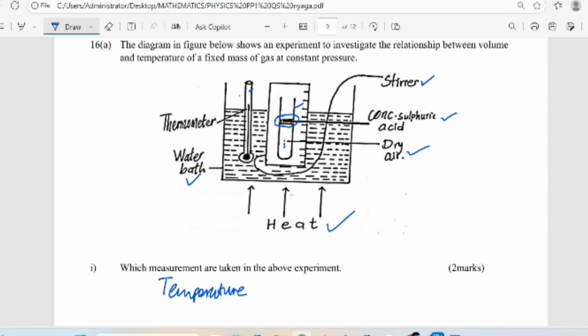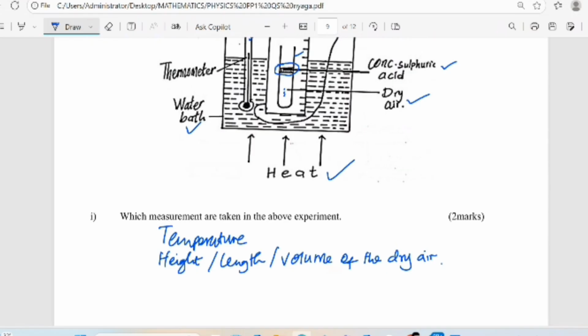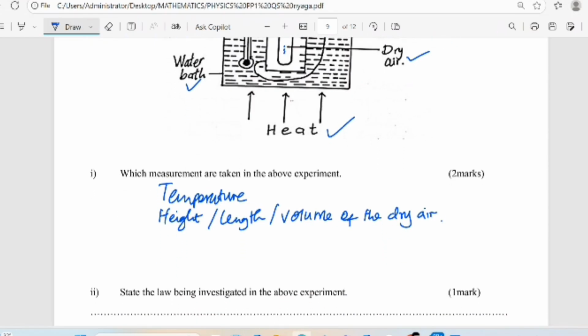So the other thing that you can measure is the change or variation in the height, or the length, or the volume of the dry air. Then you can move forward.